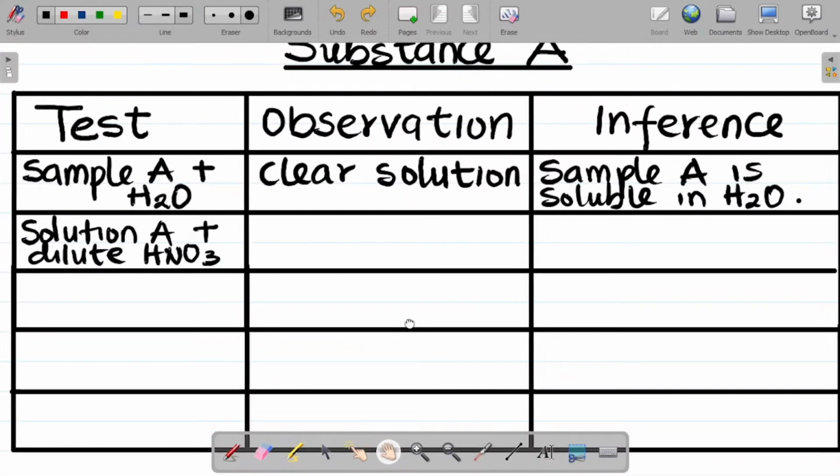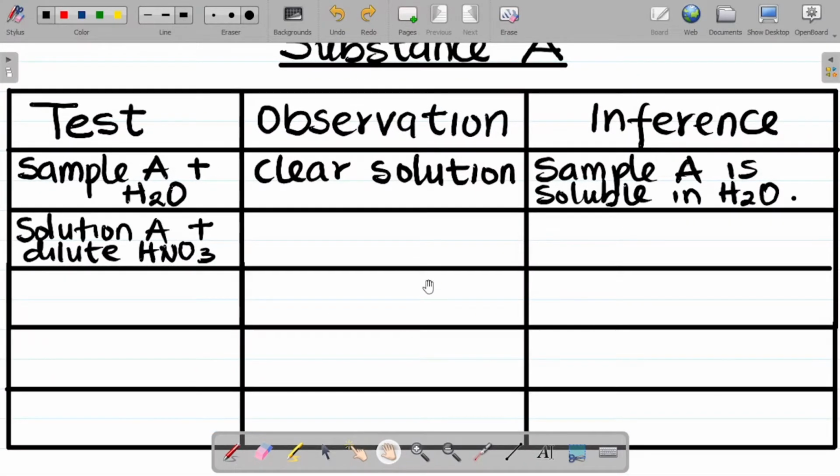When I did a solution of sample A and dilute nitric acid, I also found a clear solution. It still dissolved, and I couldn't really find anything there, so I'm calling it a clear reaction. So what's the inference?